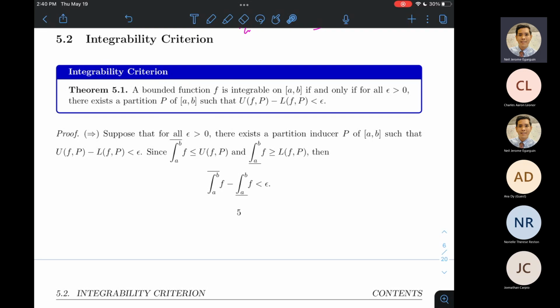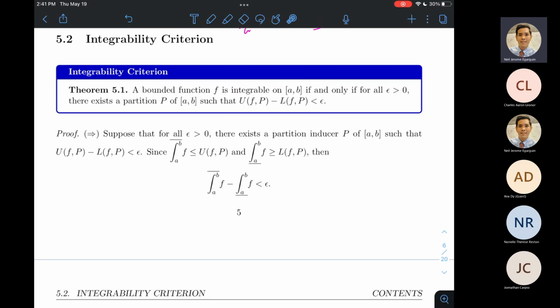So parang ito pa rin yung challenge sa atin dati, ano, na pag binigyan tayo ng epsilon, kailangan makapaghanap tayo. Dati delta ang hinahanap natin or capital N na starting index. Ngayon, ang hinahanap natin ay isang partition inducer na napakalapit na nung upper sa lower Riemann integral to a point that their difference is less than the given epsilon in the beginning.